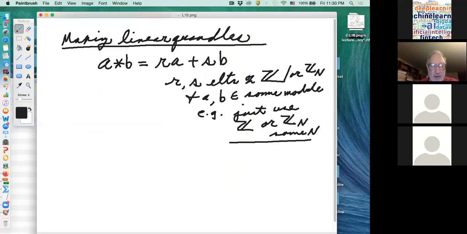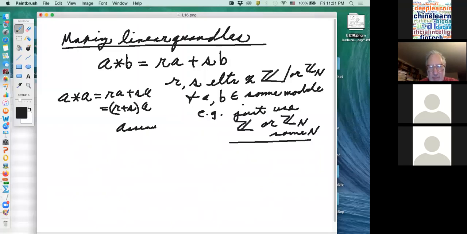Well, let's find out. If I take A times A, that would be RA plus SA, so that would be equal to R plus S times A. So we could assume that R plus S is equal to 1. Okay. Now what about the second rule?